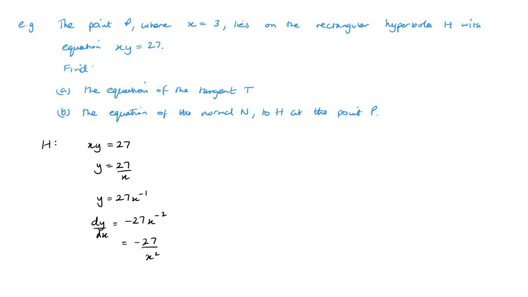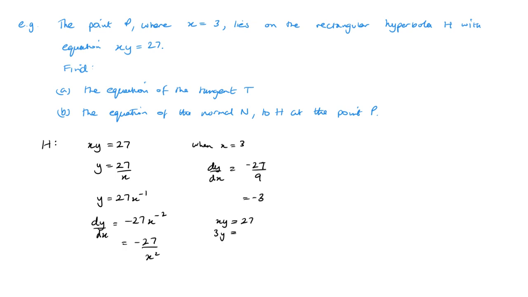Now x is 3. So dy by dx is minus 27 over 9, which is negative 3. Also, when x equals 3, xy equals 27.